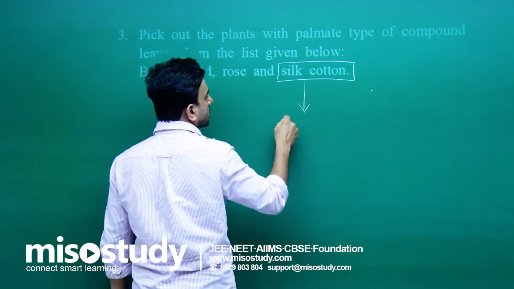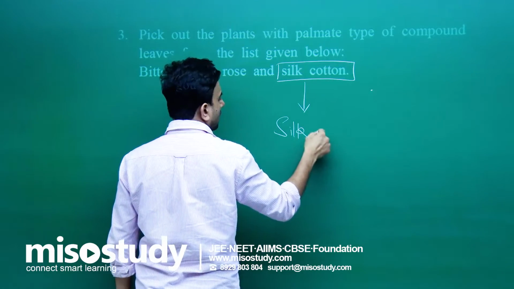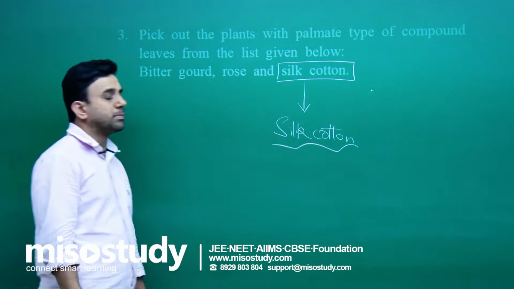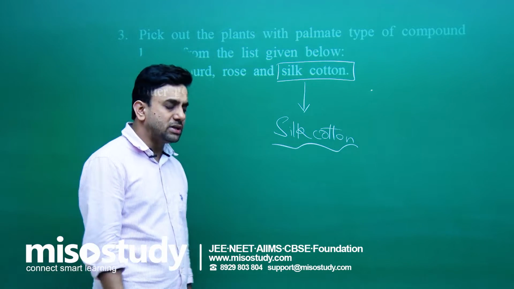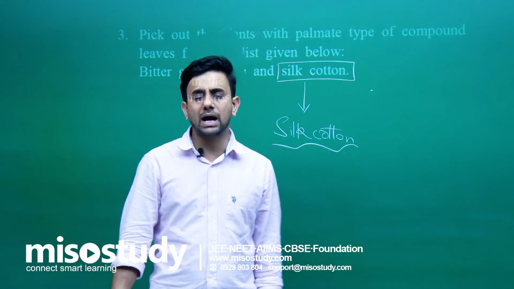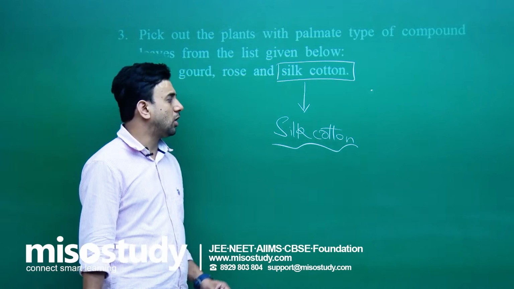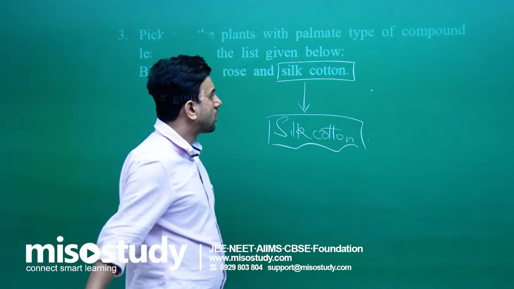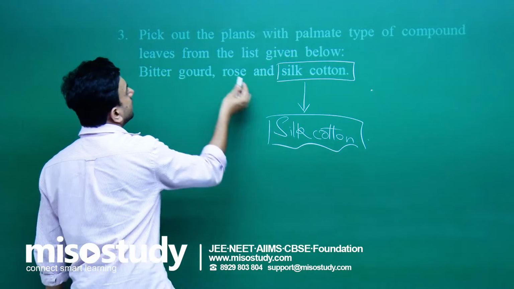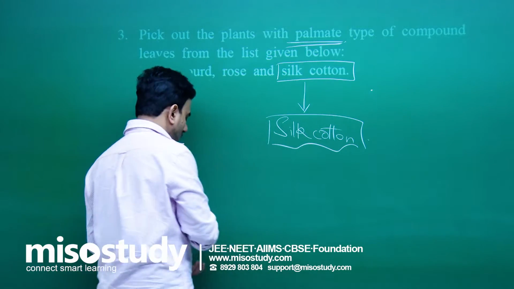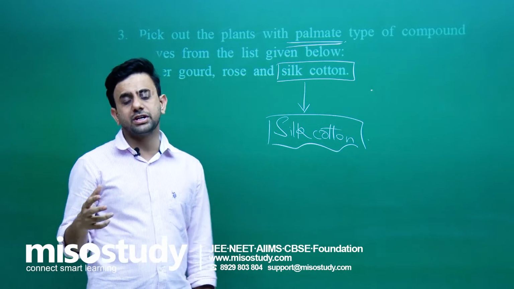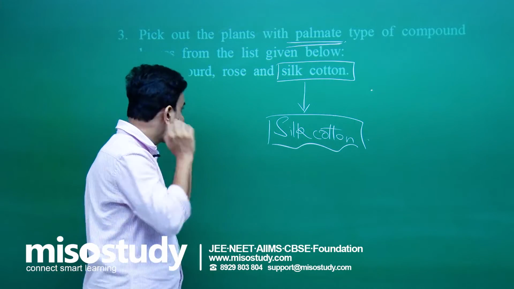The correct option is silk cotton, having the palmate type of compound leaves. We have already talked about pinnate, palmate and all that, simple and compound leaves, so we will not go into the discussion. If you want to know, you can get back into the chapter. The unicostate, the multicostate and all that we have already discussed.